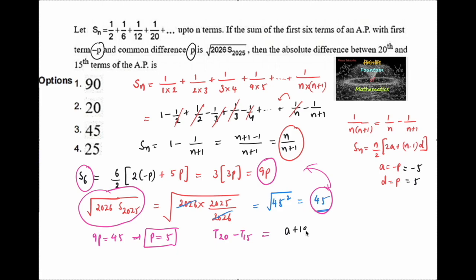So a plus 19d minus a plus 14d. So here we can write a plus 19d minus a minus 14d, which is equal to 5 times d, that is 5 into d, 5 value. So 5 fives are 25. So 25 is the answer, which is our option 4.